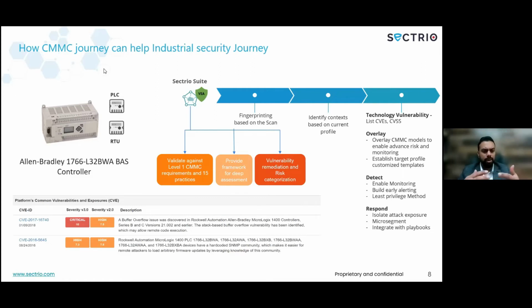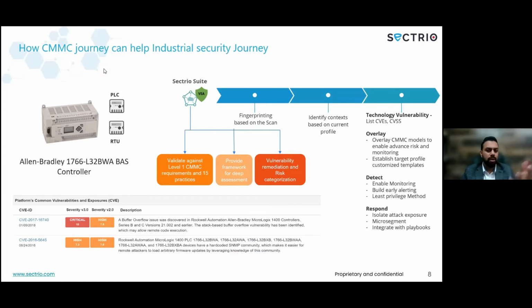While we have the visibility, we don't stop there. We constantly enable monitoring and build early alerting, which matters if somebody is trying to install a downloader, or a malicious scan is happening, which could be a remote code injection that may sit dormant for months in the network and study other parts of the network.